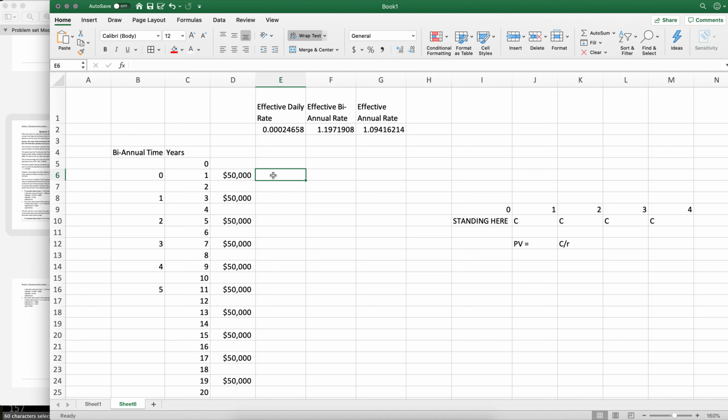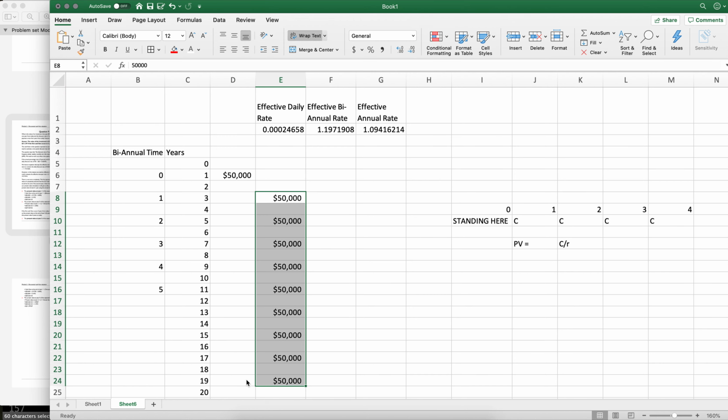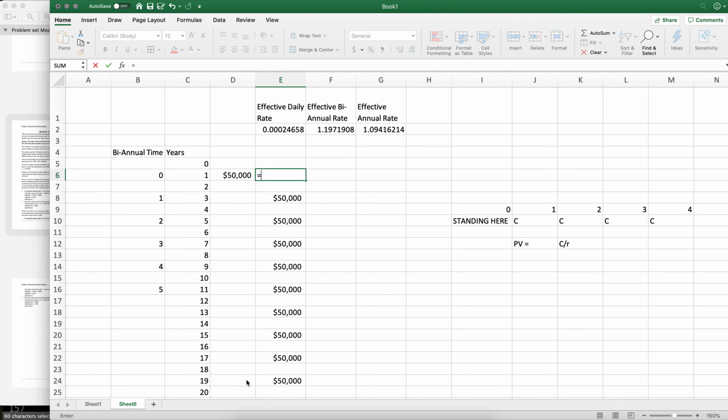So the way to do this problem is to think of these as a separate cash flow. I'm going to move them over and get the present value of this. So our cash flow is 50,000, and our R is going to be the effective biannual minus 1 because we want to get it in percent terms, not the 1 point whatever.